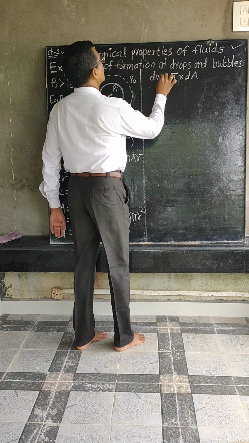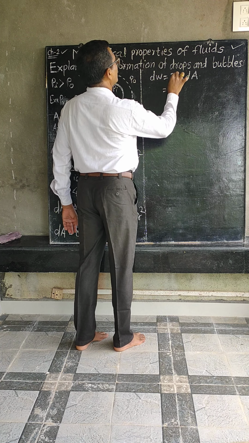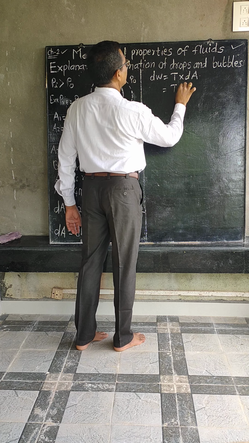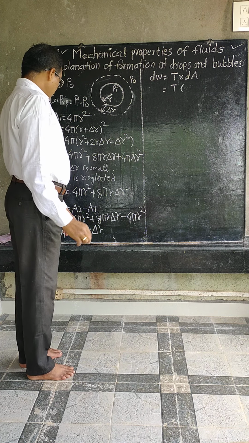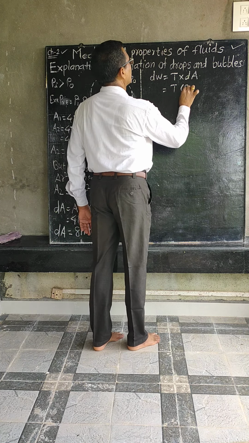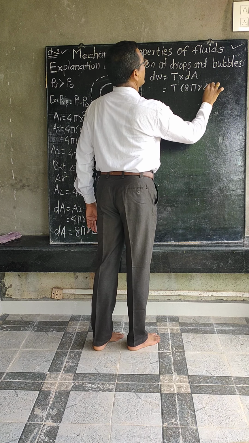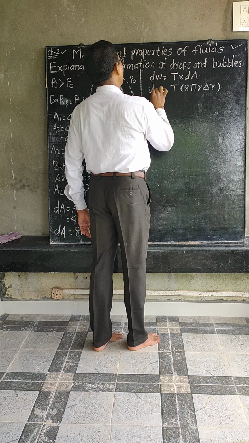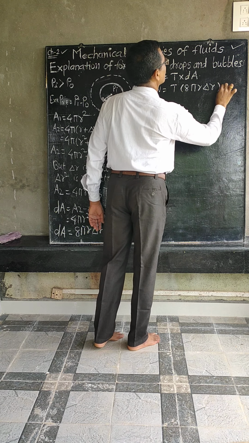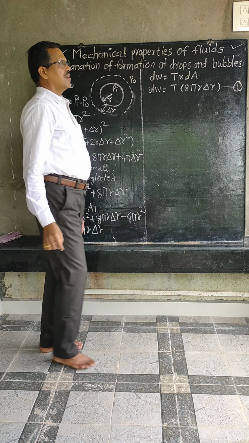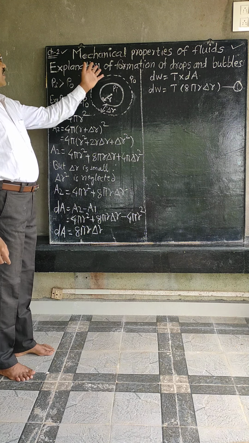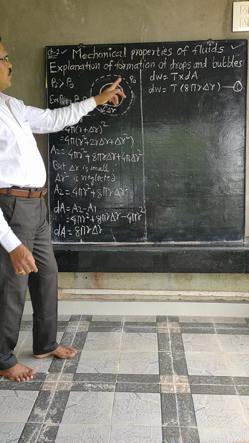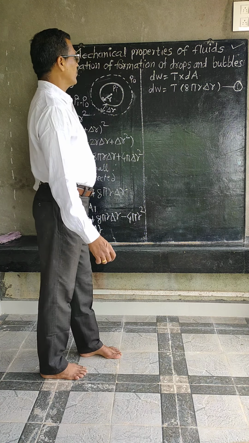This work done dW is equal to T into dA, the increase in area, 8 pi r delta r. This work done dW is stored as excess surface energy. Suppose this is equation 1.